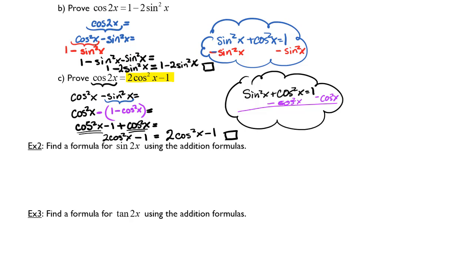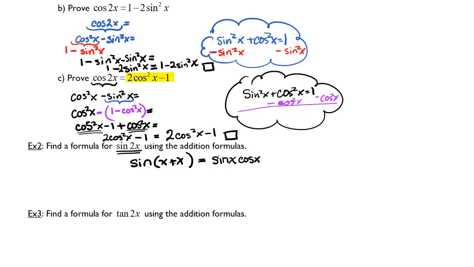The next example asks us to find a formula for sine of 2x using the addition formula. Well, let's go ahead and rewrite sine of 2x as sine of x plus x. And let's recall what the rules for sine were when we were adding them. We know that sine plays well with others, so we had sine x cosine x.